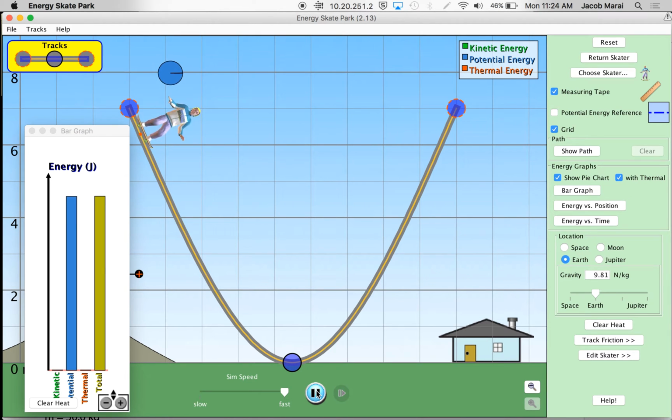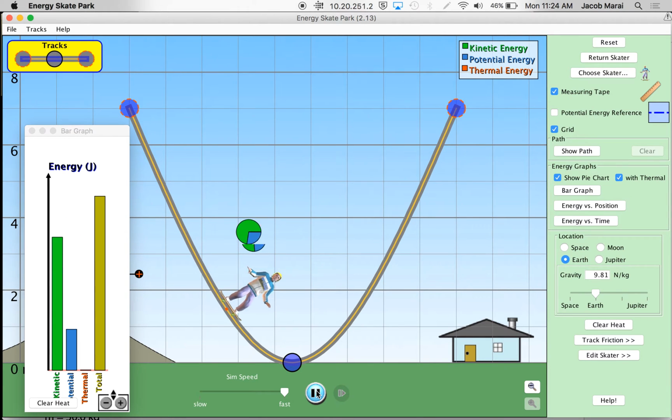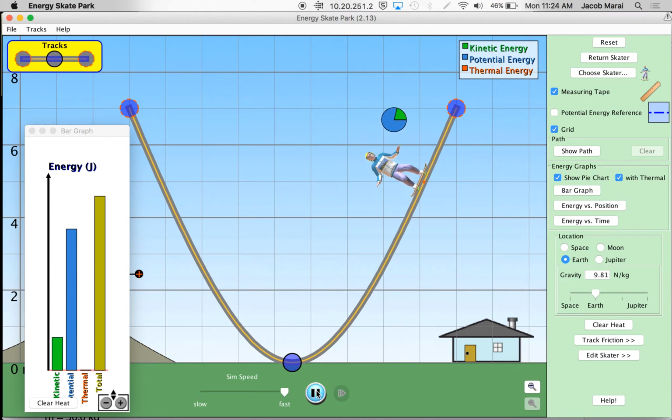All right. So what you might notice, and we can analyze this person's energy at any position we want, but obviously there's some maxima and minima. If I paused it right at the top, close enough, you will see that all of his energy, total energy, is in the potential column. He's not moving at that point.